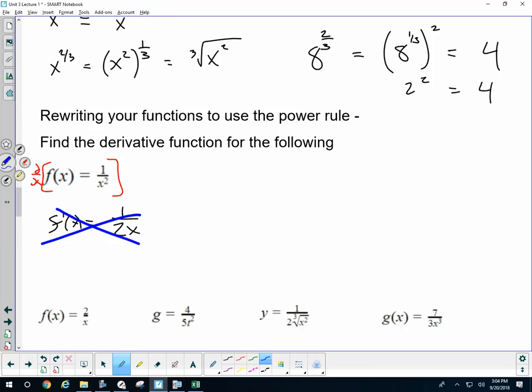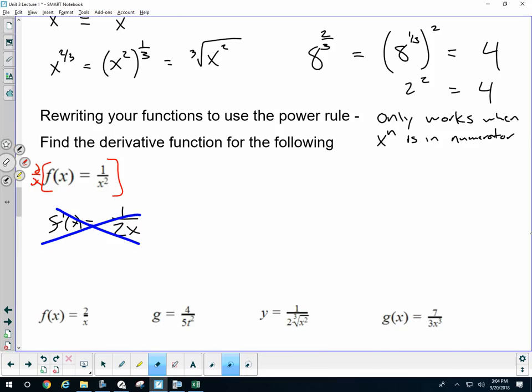The power rule only works when your powers are in a numerator. It does not work over division like that.